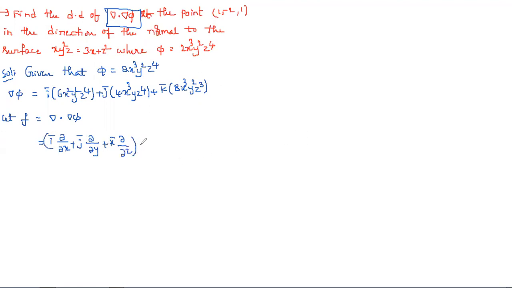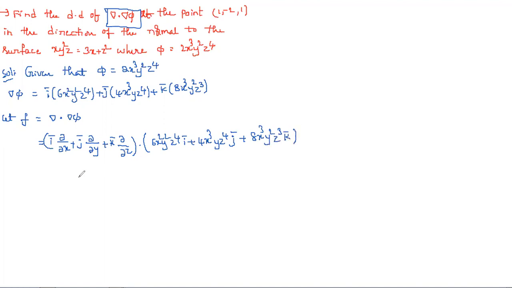We already got del phi, so we write that total expression here: 6x square y square z power 4 i plus 4x cube y z power 4 j plus 8x cube y square z cube k.